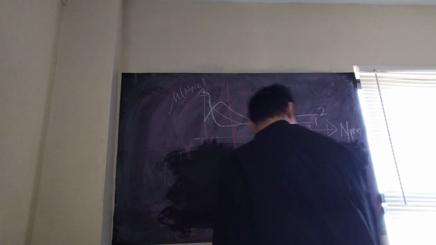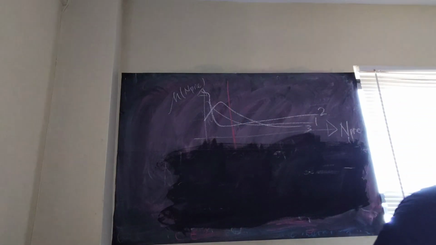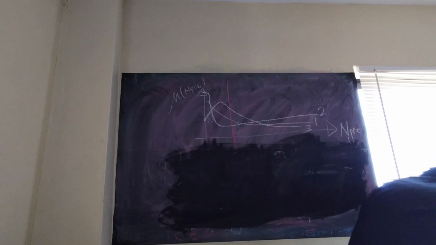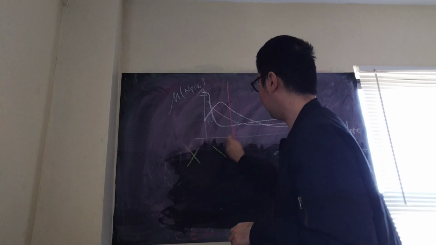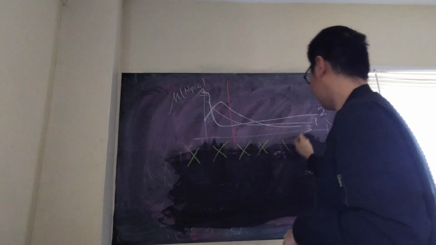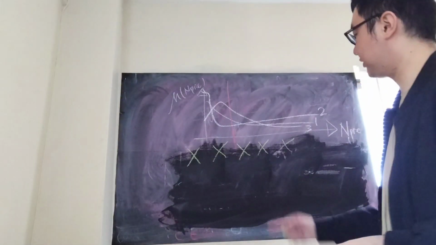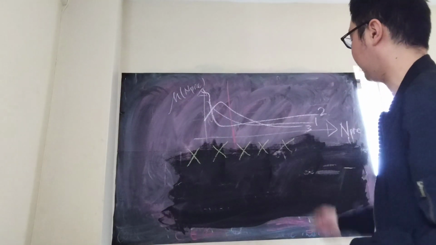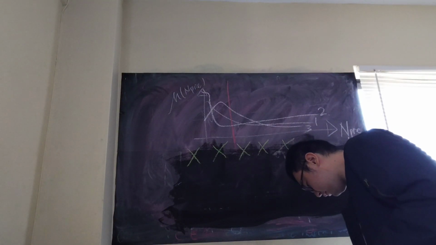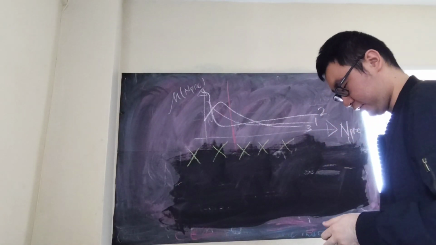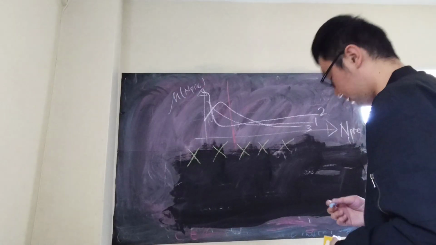This is because, for example, I have 5 points. So this is my population. My population only has 5 points, and my sample must be smaller than the true population.